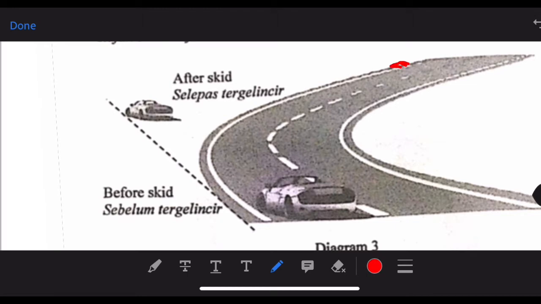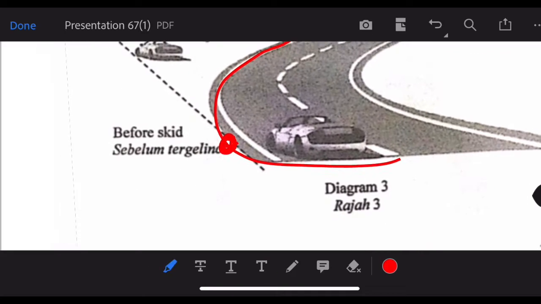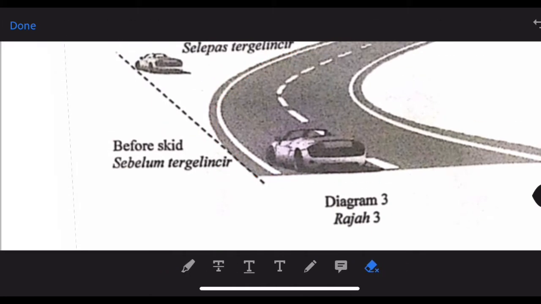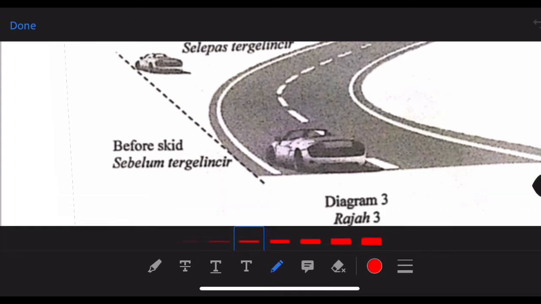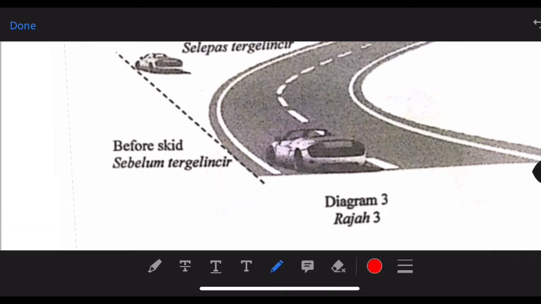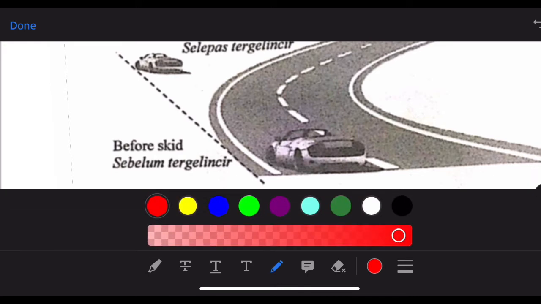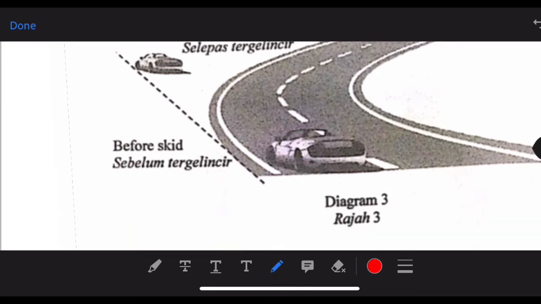You're having a curve, and then there is a point on the curve, and from that point you can see there is a straight line, right? So the concept of this question is basically about a curve and a straight line on the curve. We call it a tangent, right?